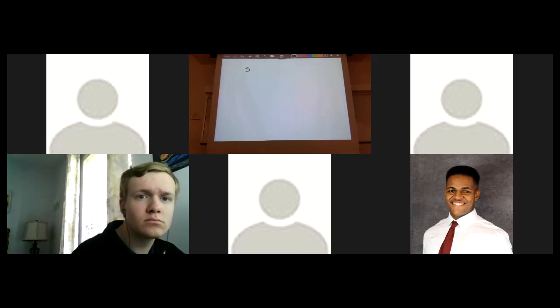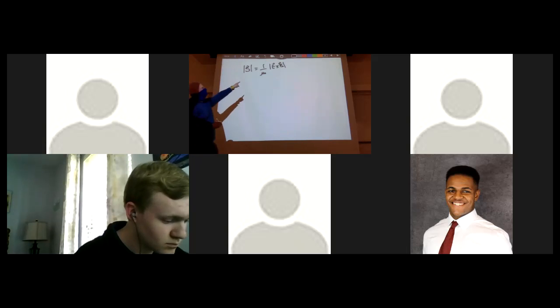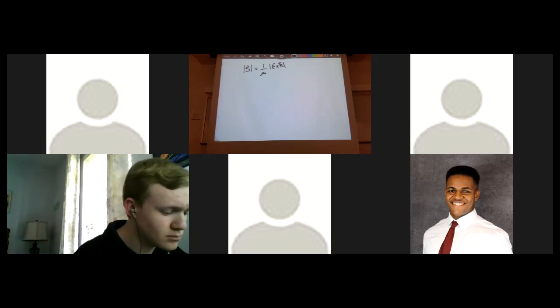Let's just look at the magnitude of the Poynting vector. This is equal to 1 over mu naught times the magnitude of E cross B. As we showed yesterday, the electric field is always perpendicular to the magnetic field, so that's the same as the magnitude of E times the magnitude of B times the sine of the angle between the two.